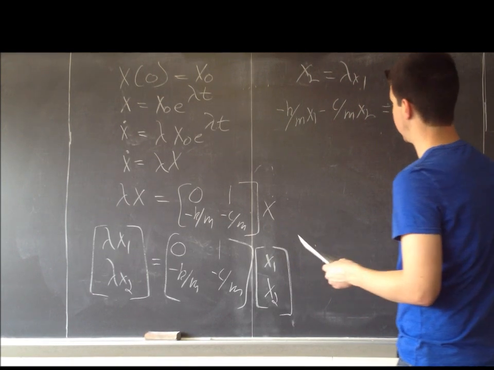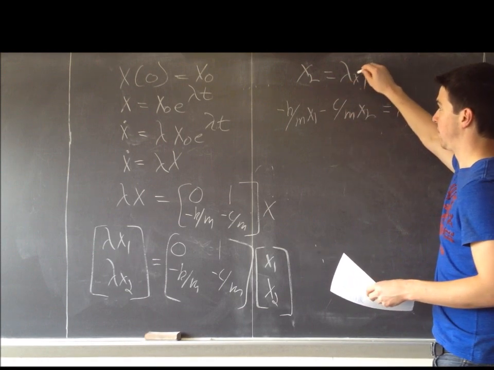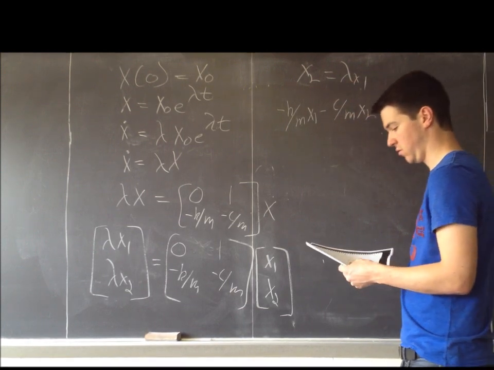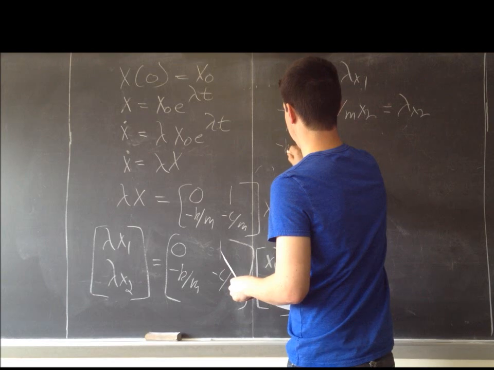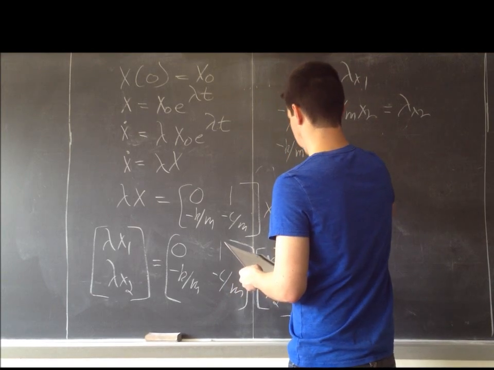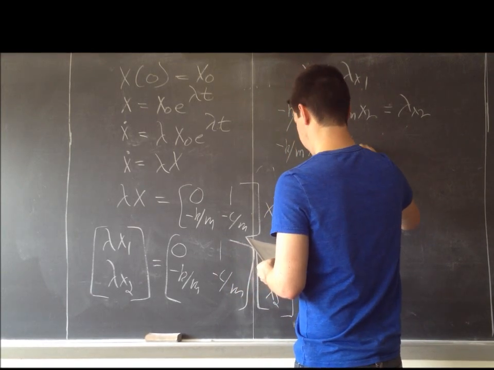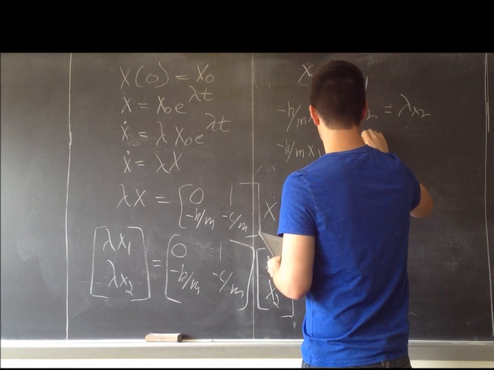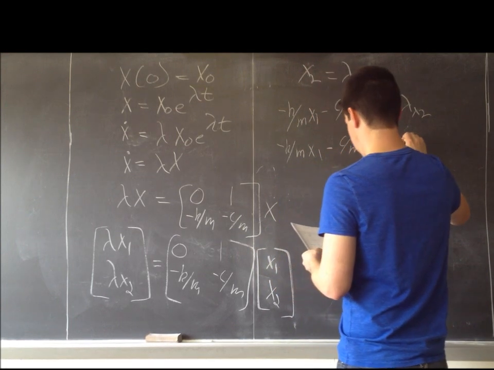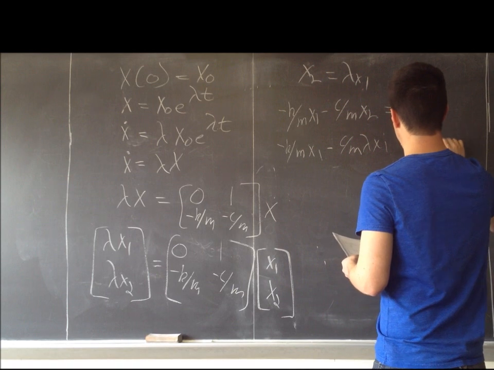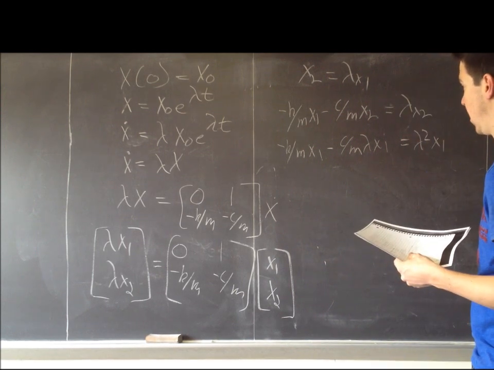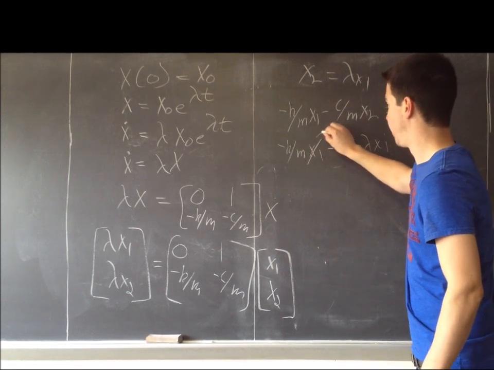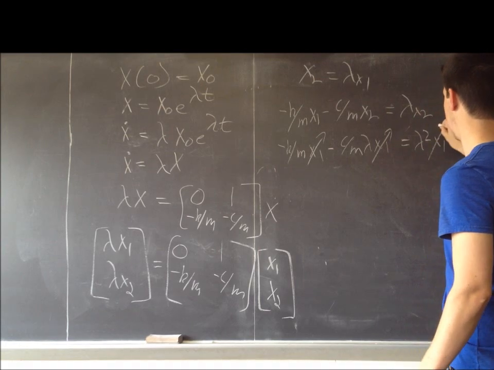By substitution, we'll take lambda x1 and plug it in for x2. That leaves us with negative k over m x1 minus c over m lambda x1 equals lambda squared x1. Since there's an x1 in each part of the equation, we can eliminate that.